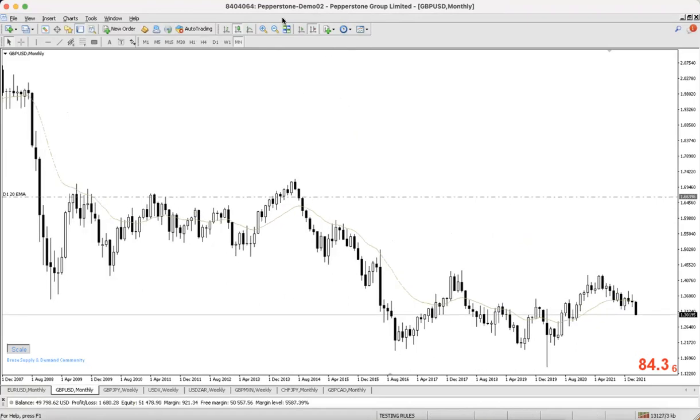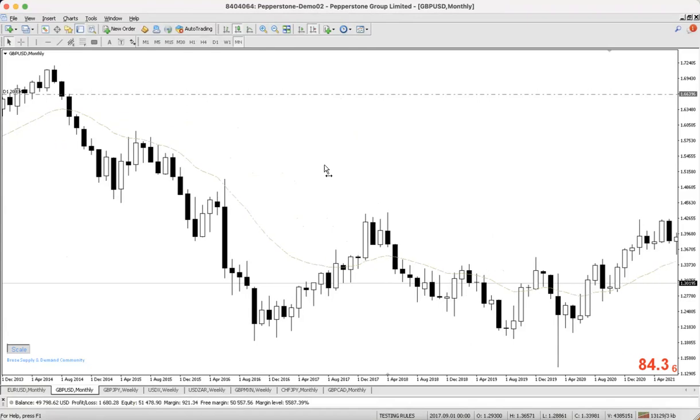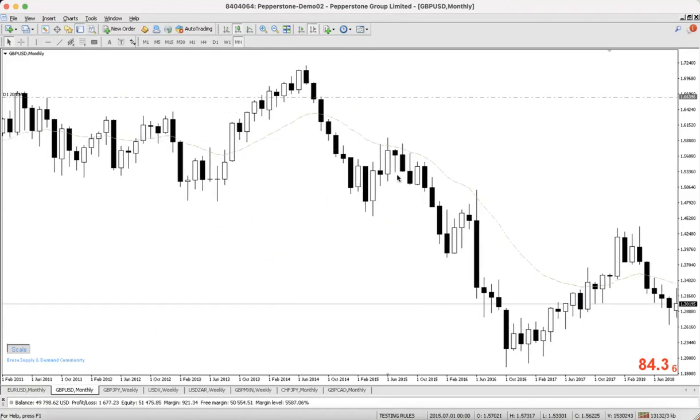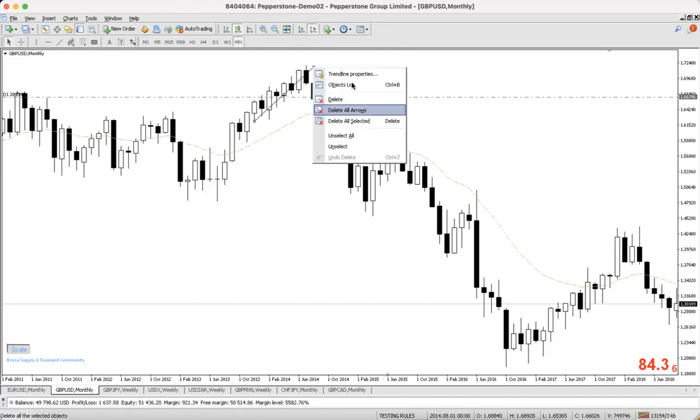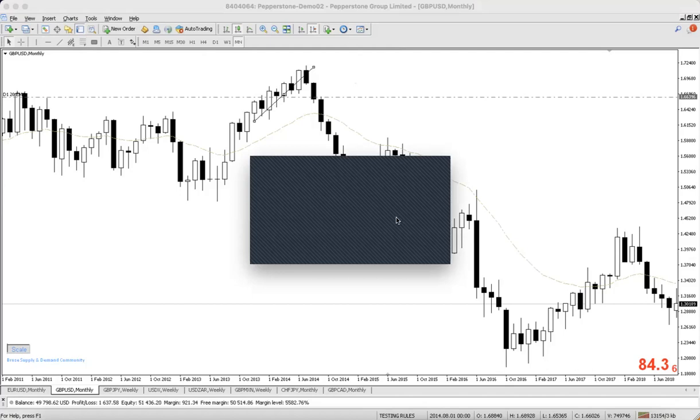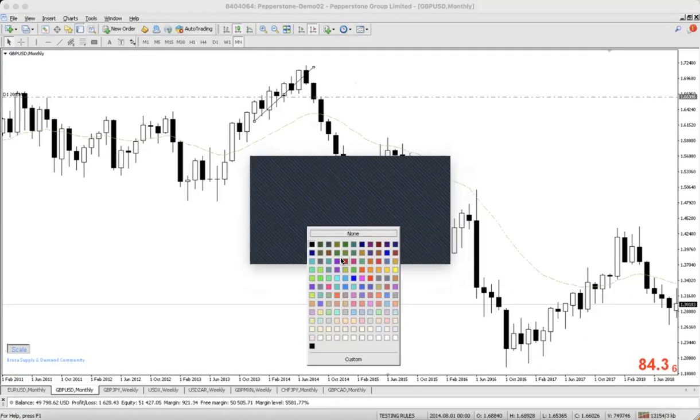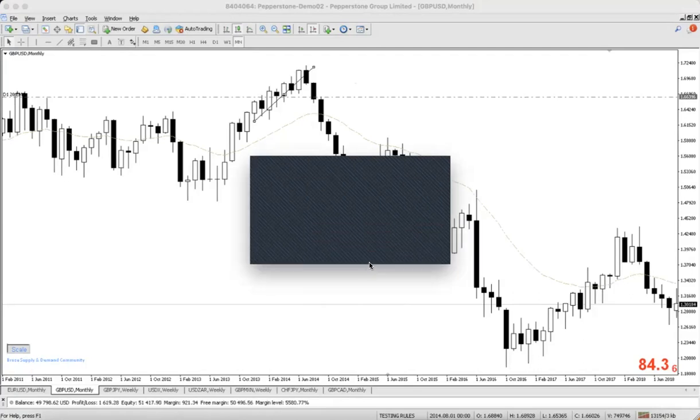On the monthly time frame, when you look at this chart here, you will find this area, for example here. Let me make it a little bit bigger so that it can be visible, maybe with red color.